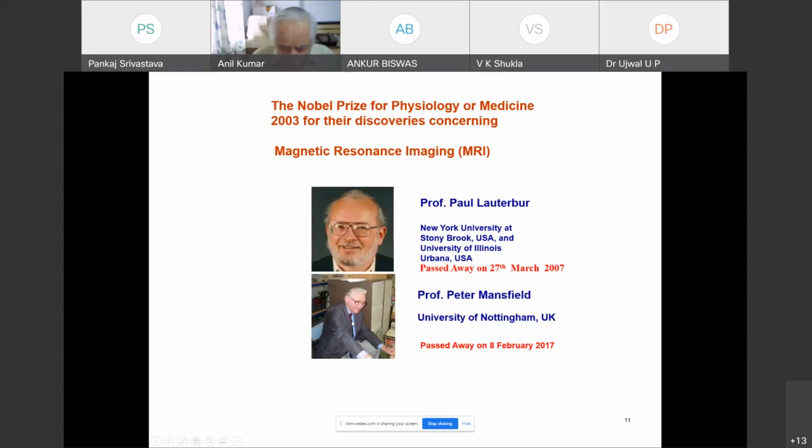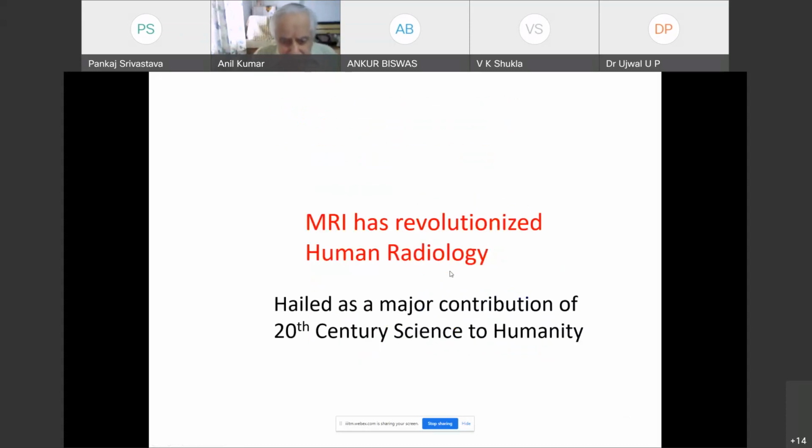Peter Mansfield gave spin echo techniques for getting the data for the whole plane in one go. Unfortunately, both these people passed away. MRI has revolutionized human radiology, and it is now hailed as a major contribution of 20th century science to humanity.